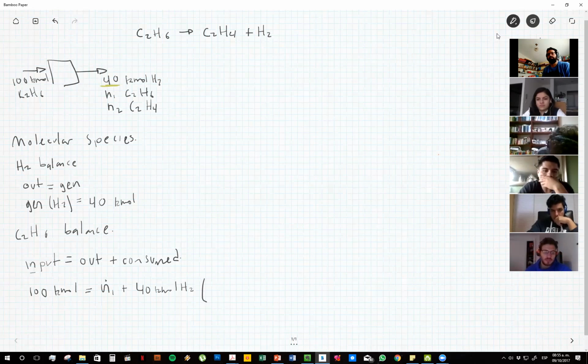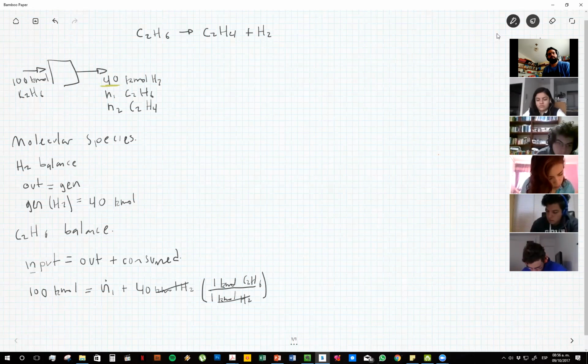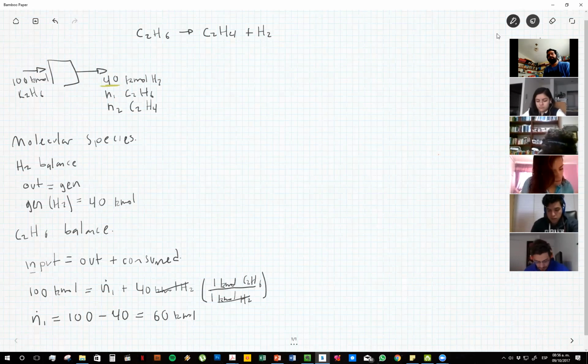We put that into our relation: for each kilomole of H2, we have 1 kilomole of C2H6. We cancel units, and we obtain that N1 with a dot is equal to 100 minus 40, that is 60 kilomoles. So far, so good. And that is the C2H6 balance.